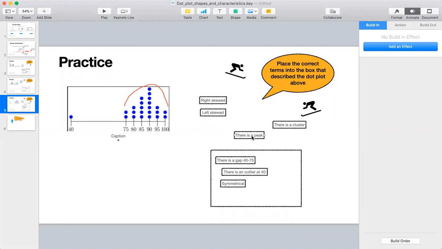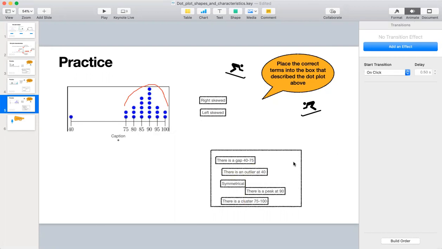Is there a peak? Yeah, there's a peak right here at 90. Peak at 90. Very good. And do we have any cluster? Yes, we have clustering from 75 to 100. Cluster means the group that stays together, 75 to 100.